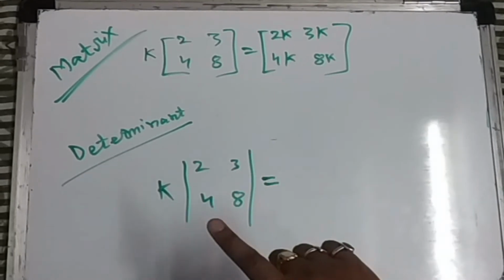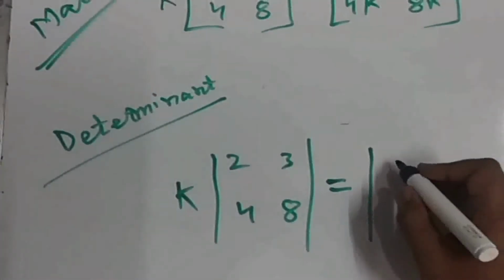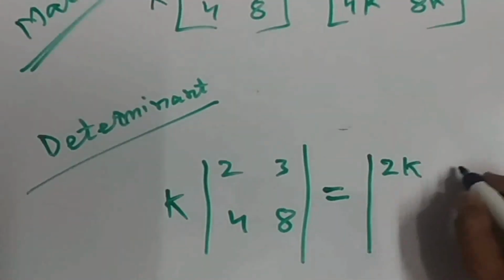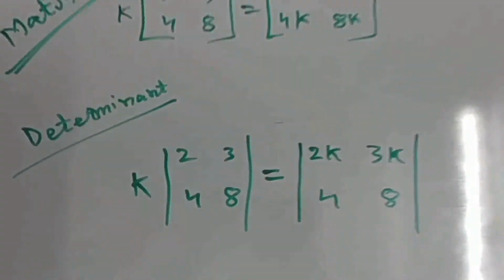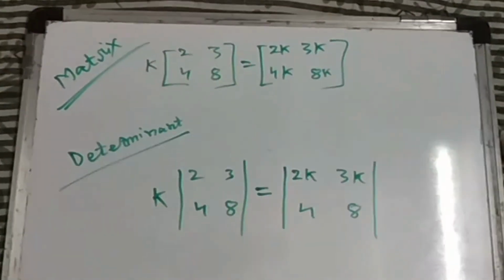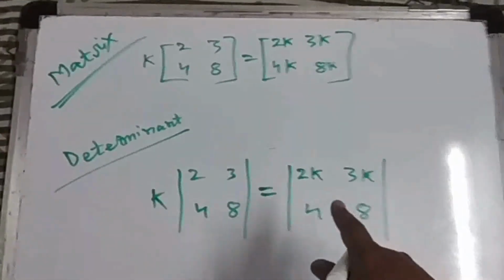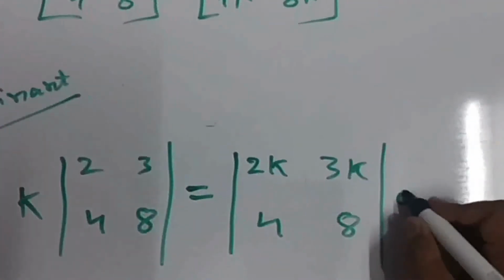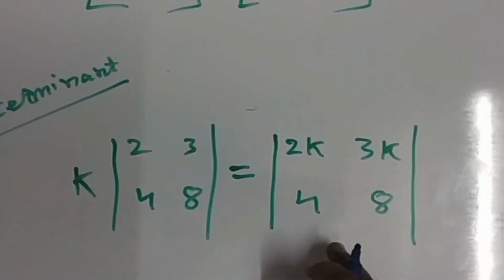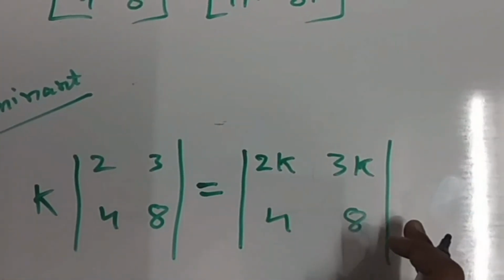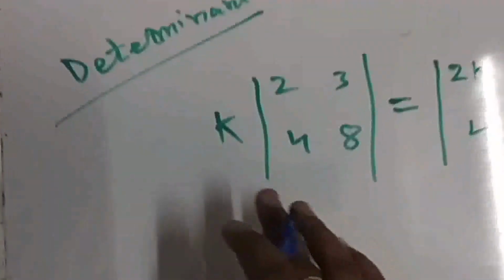Now suppose I am multiplying it in the first row. So it will be 2k, 3k, and the second row as it is. This is the difference. Okay. Unlike the matrix, where all elements are multiplied, here it is only in the first row or in the first column. You can multiply in the second row also or in the second column, your choice. Now look here, k I have multiplied like that.